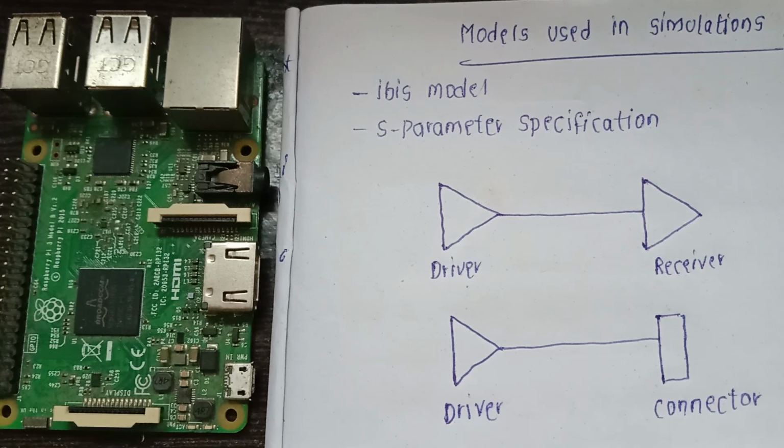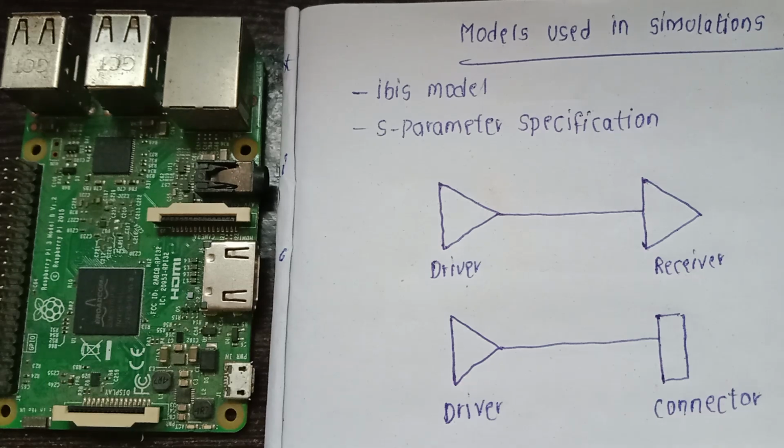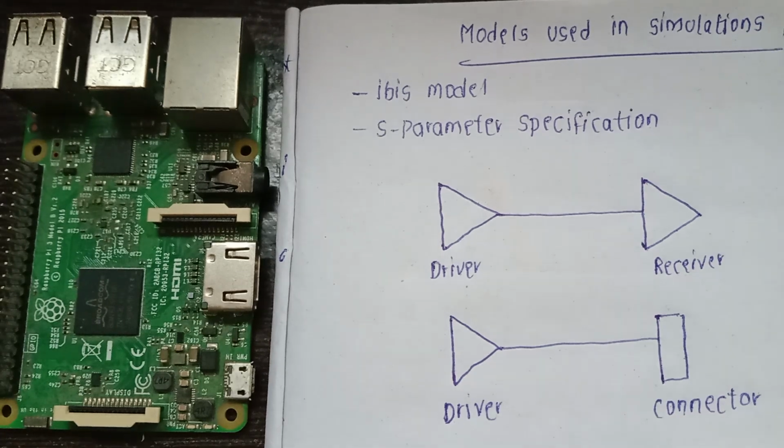So we have a driver IC and a receiver IC. If it is bidirectional communication, there will also be communication from the receiver side. So we are talking about the communication and the channel, from a driver to a receiver.